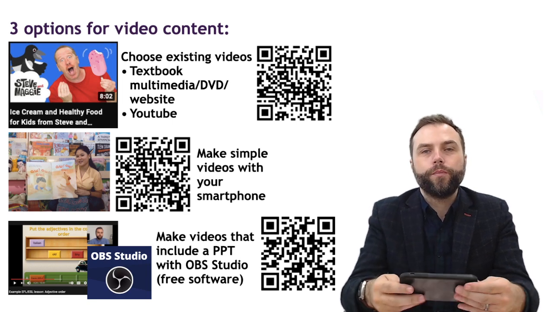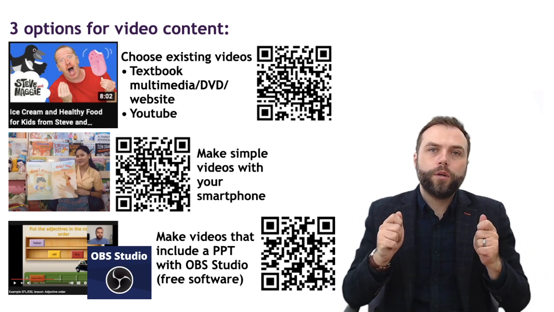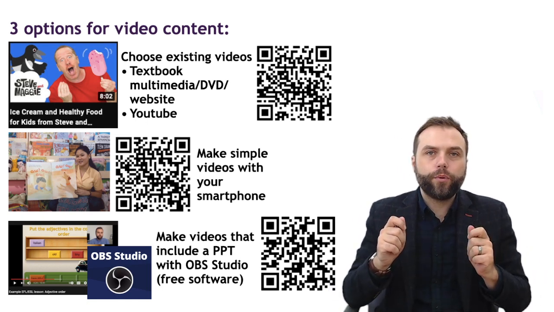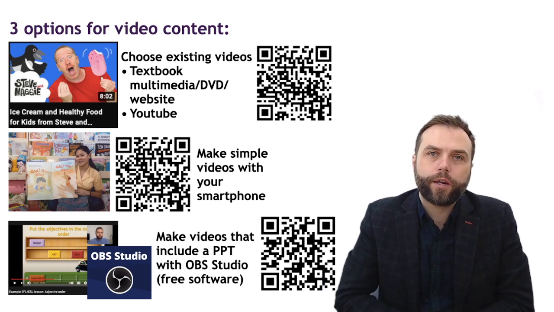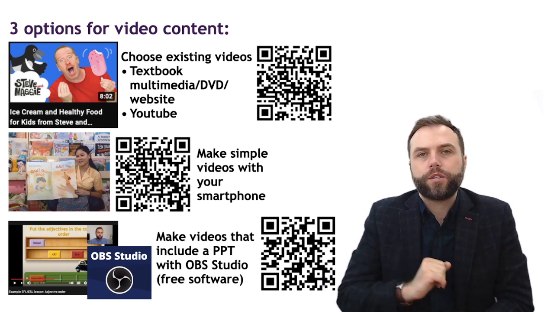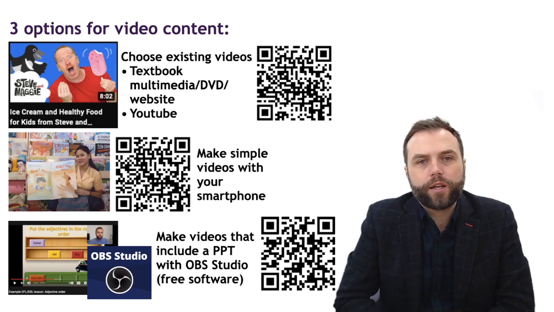You have a video. The video could be a storytelling video. It could be you reviewing some flashcards, for example, just repeating the words like a few minutes of video like this. There are many, many ways and many options in terms of just using your smartphone and very quickly and simply making video content for your learners.